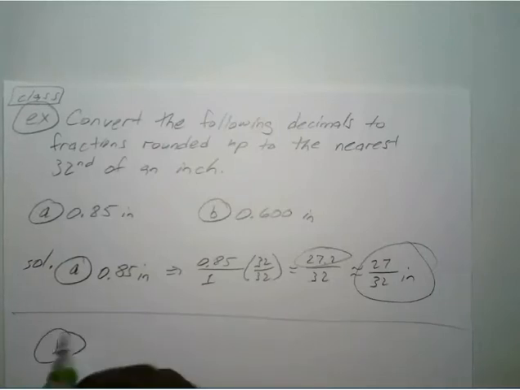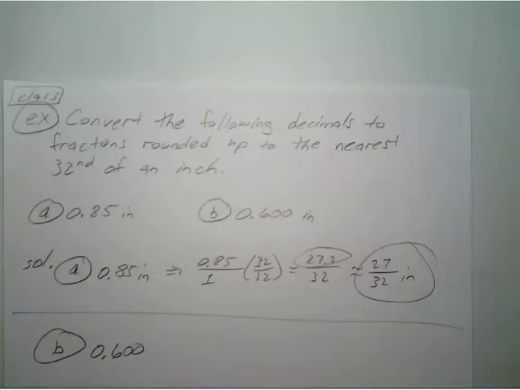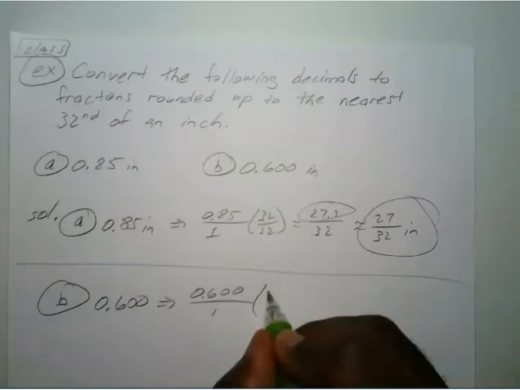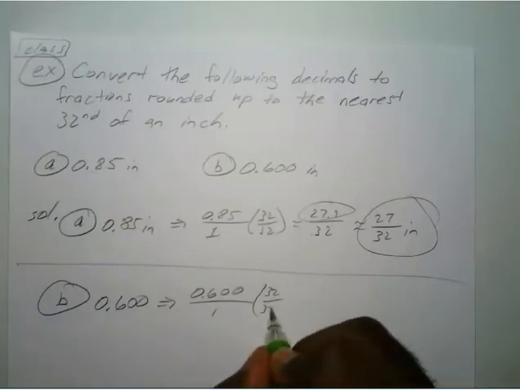And for problem B, we go ahead and rewrite that as 0.600 over 1. Again, we want it to the nearest 32nd of an inch, so we multiply by 32 over 32.